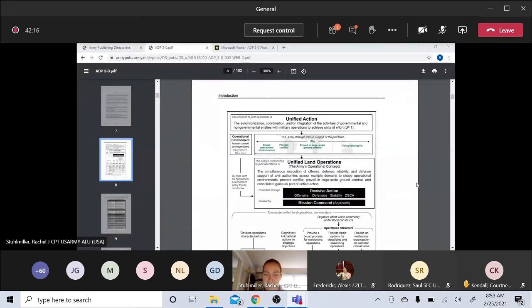I want that decentralized shared understanding. Commander's intent, I want them to know what it is that we want done. Most of the time I think of those principles of mission command. That's the one that I think of most often. Right.